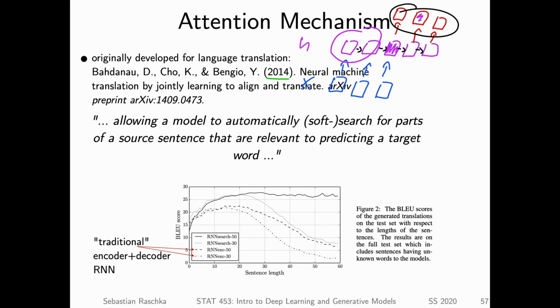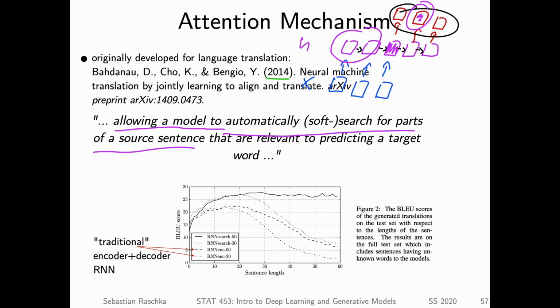So the attention mechanism helps the network to pay attention to certain words at certain time steps or certain translation steps. And as the authors say, it allows a model to automatically soft search for parts of a source sentence. These parts are the ones that are relevant for predicting the target word in translation.